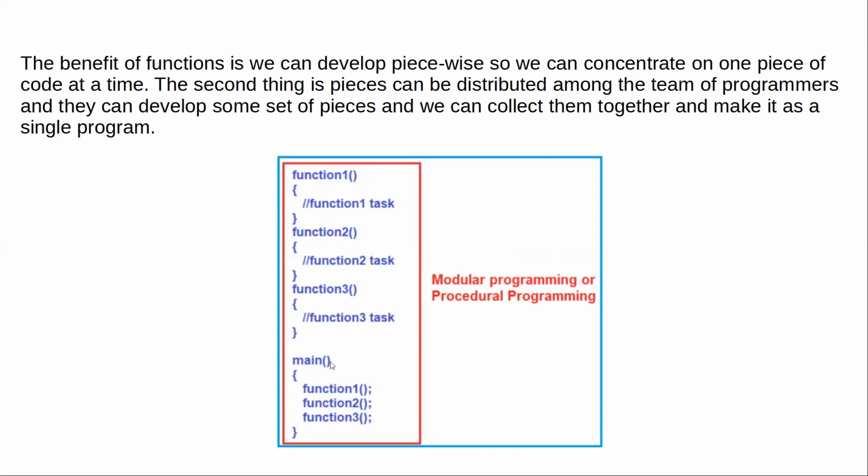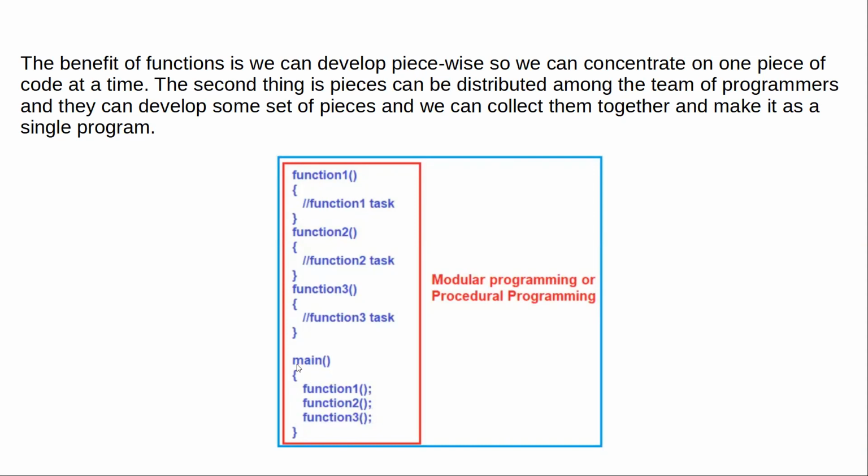Instead of writing everything in one main method, you can divide the program into smaller chunks and write them into different functions. So you can say function 1 to achieve some task, function 2 to achieve another task, function 3 to achieve one more task.